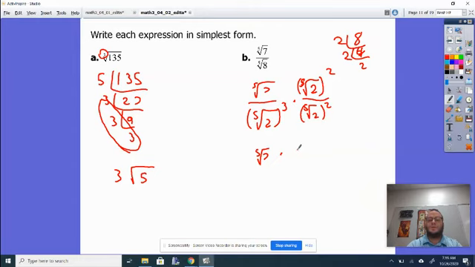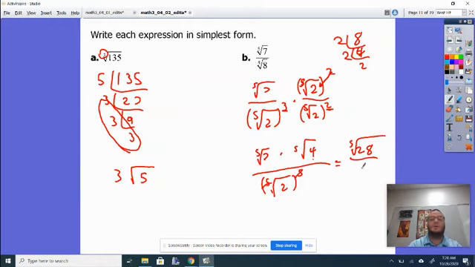The 5th root of, and I want to bring this back in, so I'm going to say 4 over the 5th root, and then product rule says, okay, well, I'm just going to add 3 and 2 and get 5. Well, now these cancel. Multiply these, I'm going to get 28 5th root over 2.